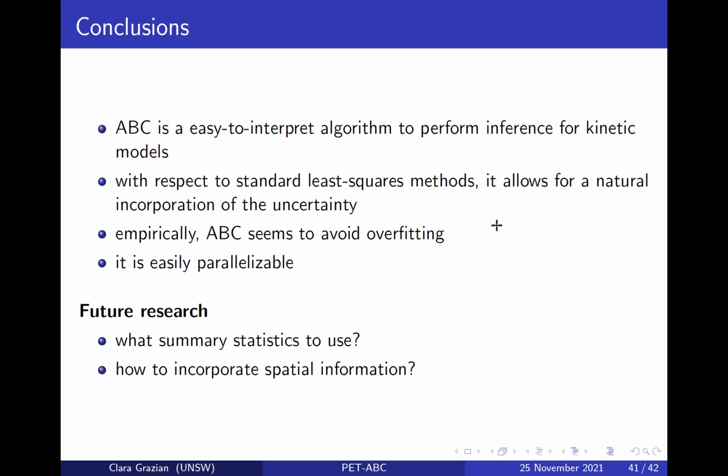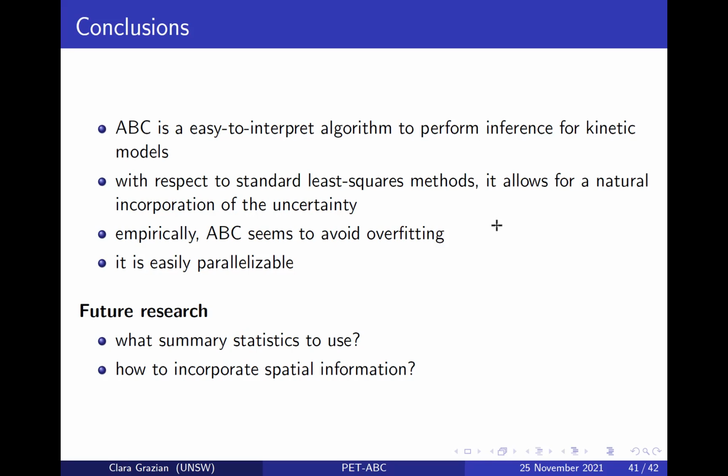What we have observed in practice is that the estimated time activity curves with ABC tend to overfit the data less than least squares. The main advantage of ABC in this setting is that it is easily parallelizable, and so a lot of images can be analyzed at the same time.